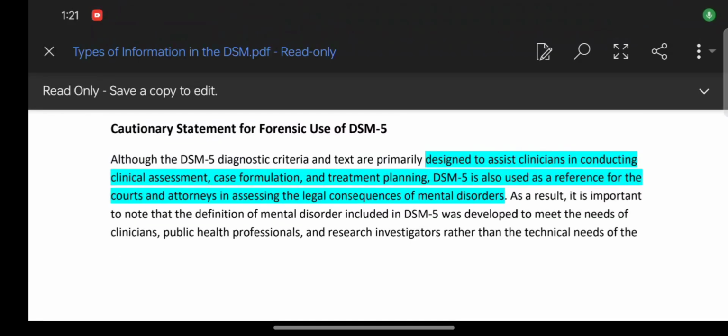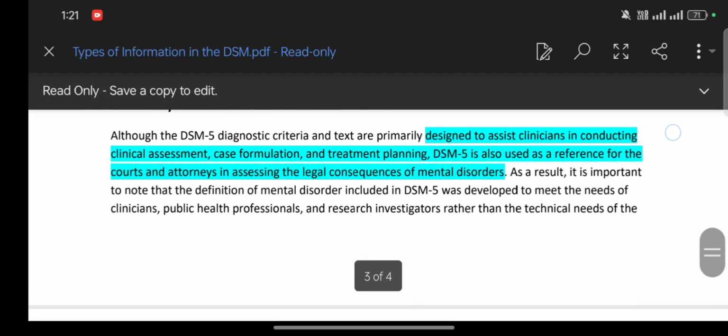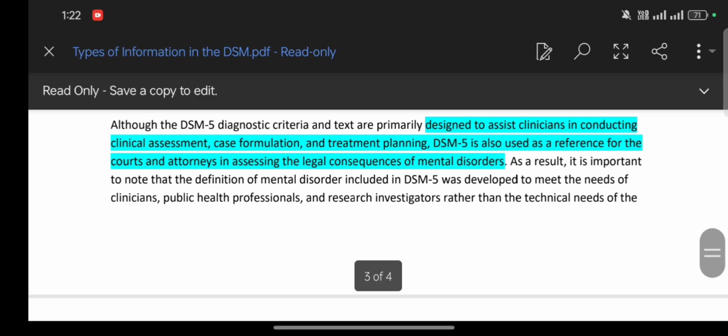Also, the DSM diagnostic criteria and text are primarily designed to assist clinicians in conducting clinical assessment, case formulation, and treatment planning. DSM-5 is also used as a reference for the courts and attorneys in assessing the legal consequences of mental disorders.